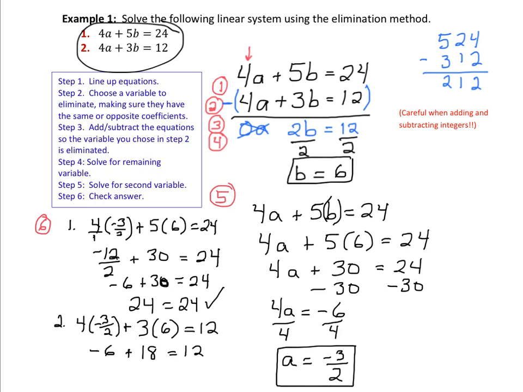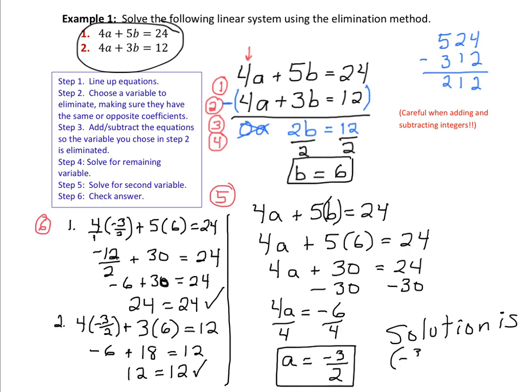And negative 6 plus 18 is actually equal to 12. So 12 equals 12. It works for both equations, so that is the verification. So our answer, or solution, is the point negative 3 over 2 comma 6 for this system of equations.